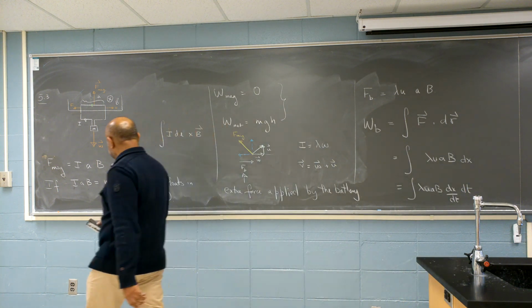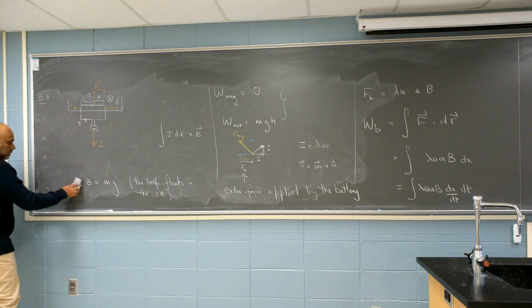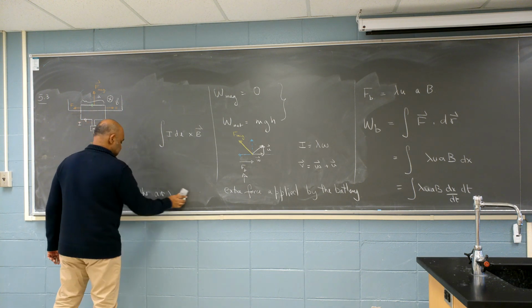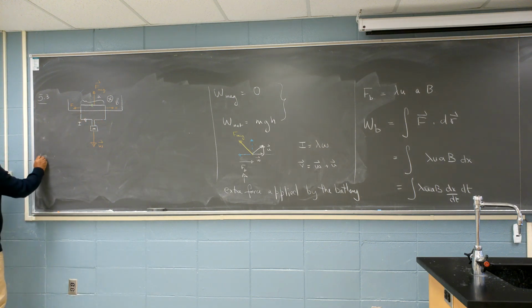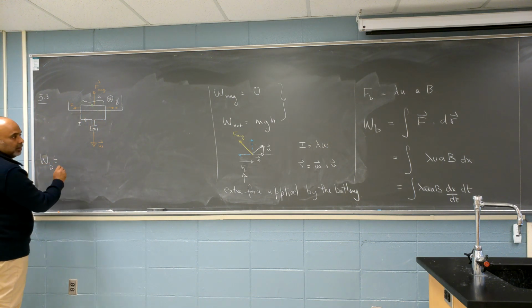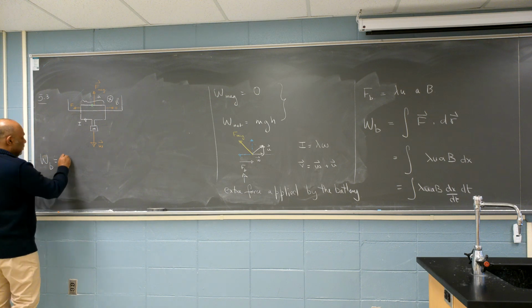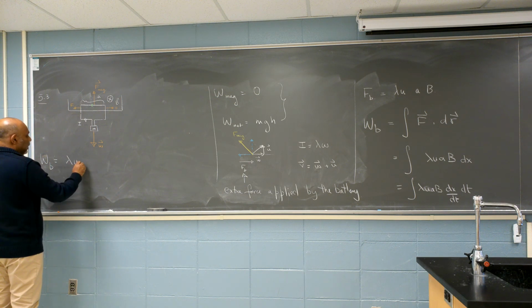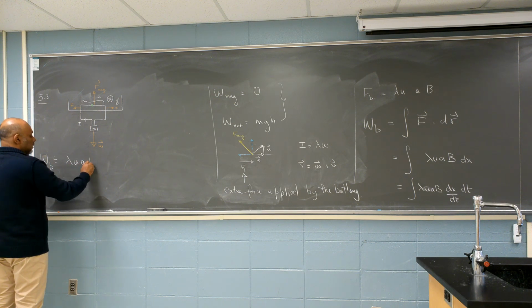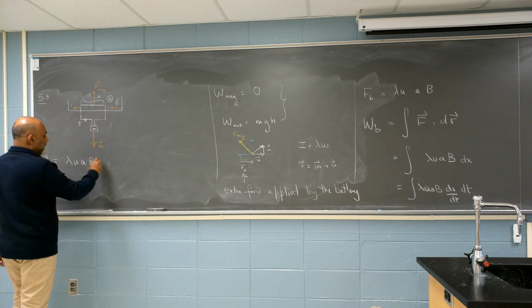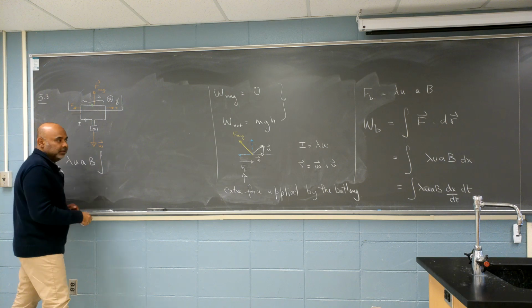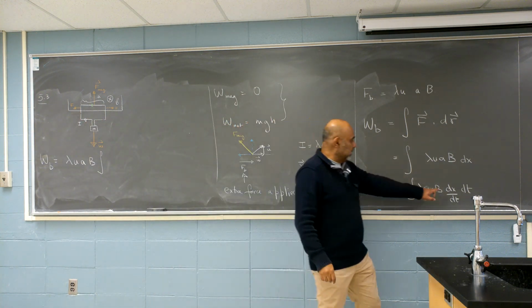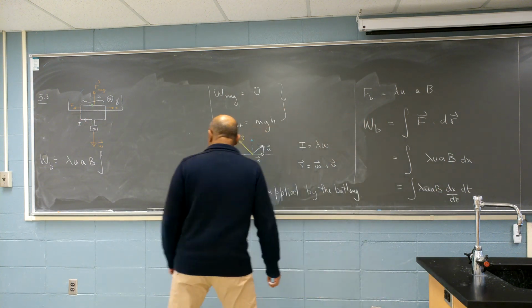This problem was almost done, so I can erase this part. The integral itself is easy. I'm going to bring lambda out, u out, a out, b out, and dx/dt is nothing but the horizontal velocity, that is just w.